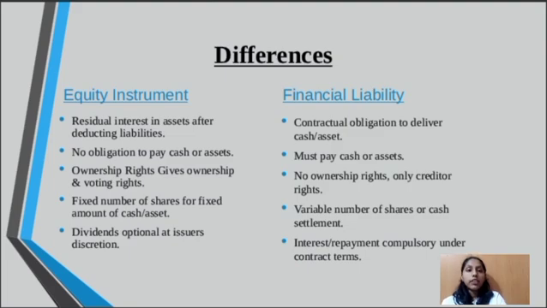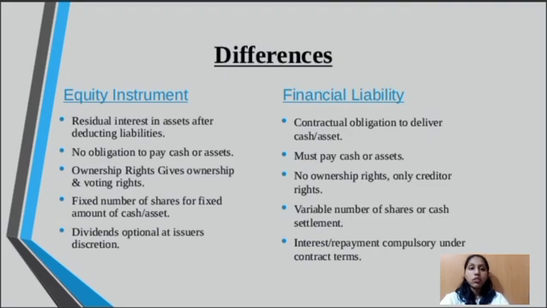We'll move on to the differences between equity instrument and financial liability. First, an equity instrument represents ownership in a company, and after all the liabilities are settled, equity holders have a right on the rest, which is the residual interest. Next, a financial liability is a contractual obligation. The issuer must deliver cash or another financial asset to the creditor.